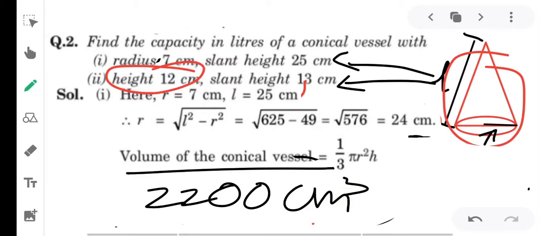So 2200 centimeter cube ये हमारा आंसर होगा. इसको हम चेक कर सकते हैं, right? तो चेक करने के लिए यहाँ पर हमको कहा गया है कि इसको हमको लीटर में कन्वर्ट करना है. We have to convert these values into the litre, right? प्रीवियस क्वेश्चन में भी जो आपका आंसर आया था 1232 सेंटीमीटर क्यूब, उसको भी आप लीटर में कन्वर्ट करेंगे.